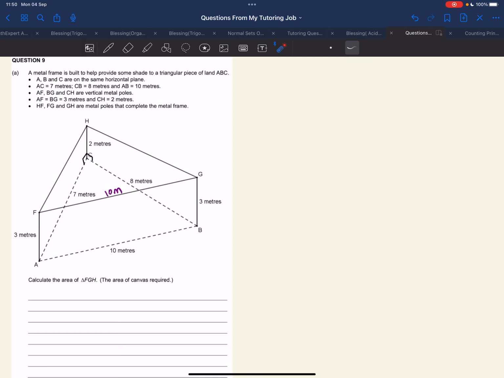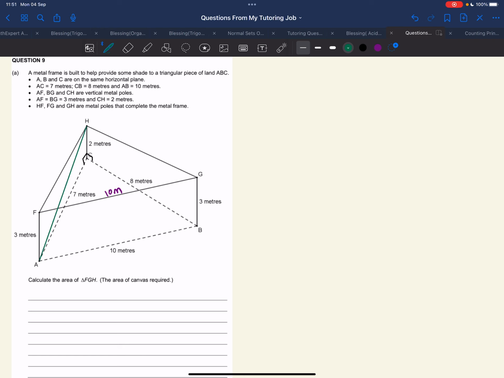Now, for us to be able to find the length of FH or the length of HG, it's kind of tricky, but the only way you can actually do it is to construct. You're going to need to construct length HA, or length AH, right?